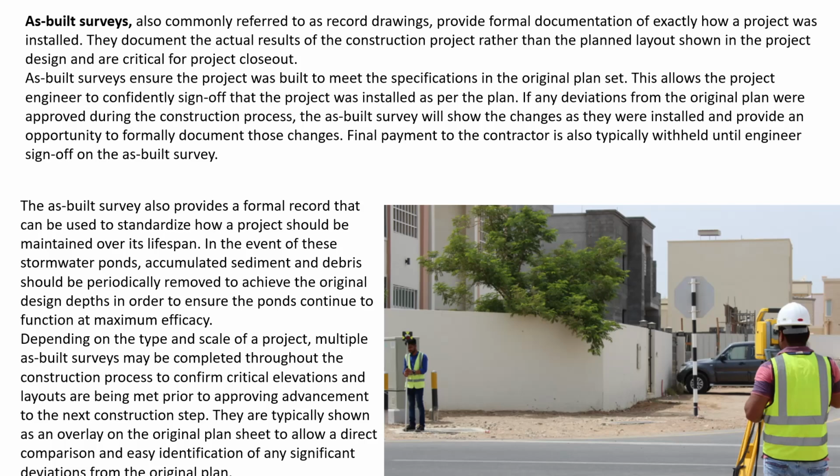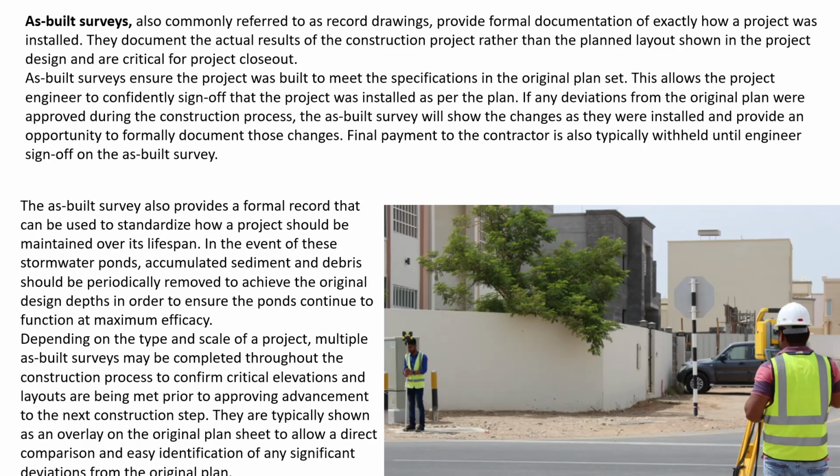As-built surveys ensure the project was built to meet the specification in the original plan set. This allows the project engineer to confidently sign off that the project was installed as per the plan.